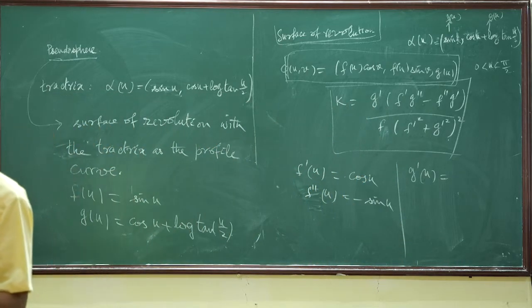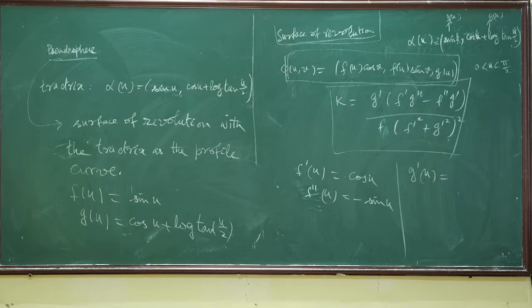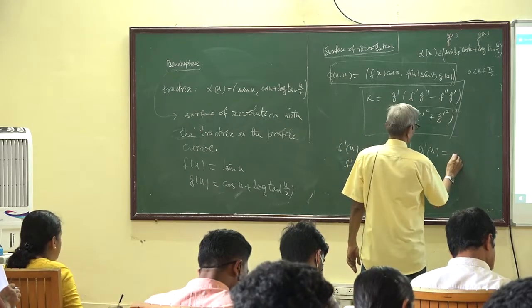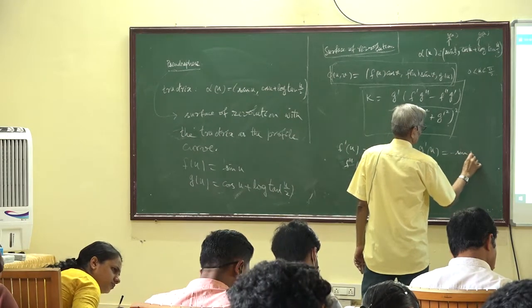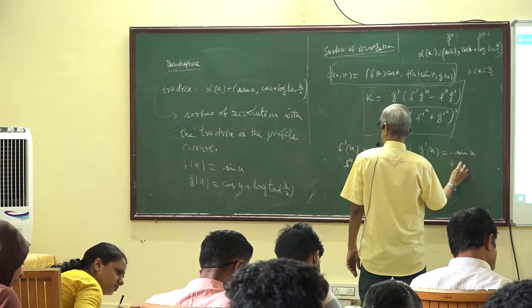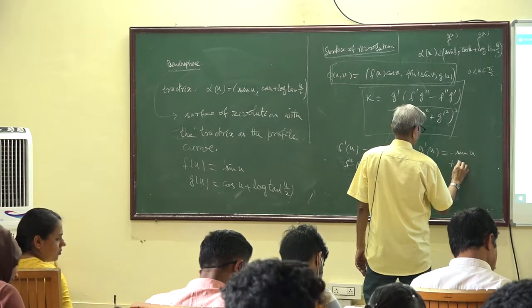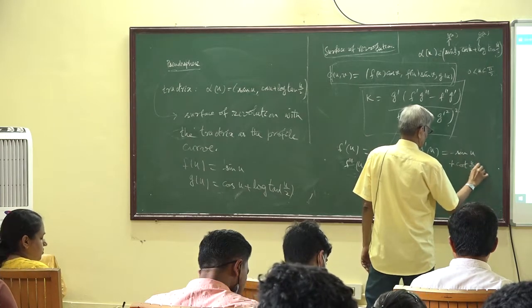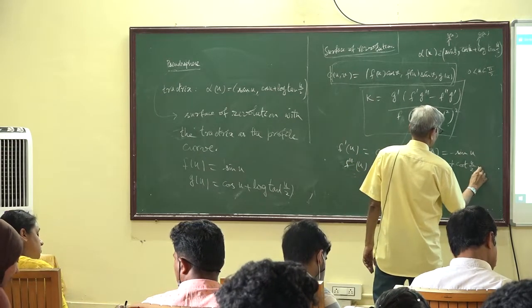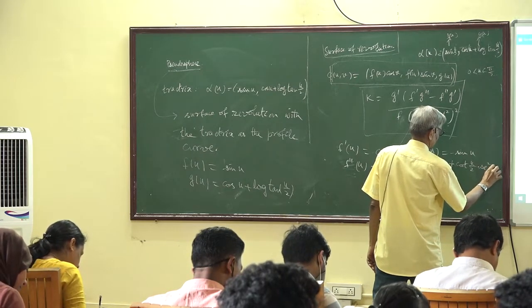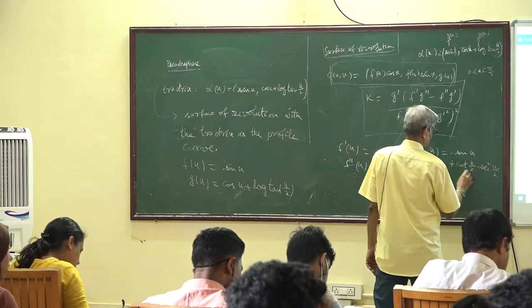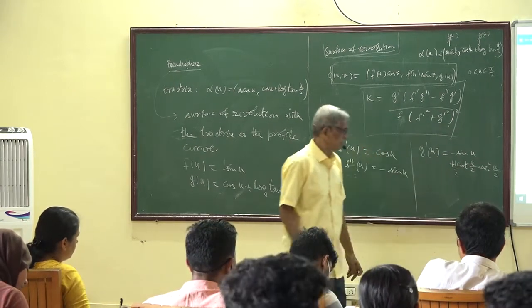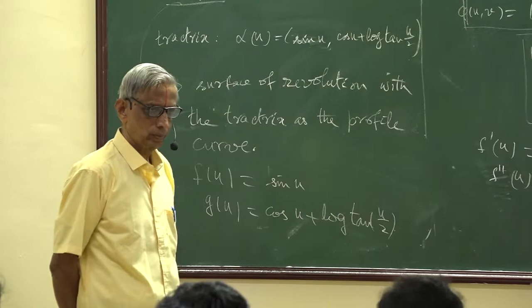So 1 over tan, and then when you differentiate tan, you get secant square. And then there is a half. Okay? So find one more derivative.